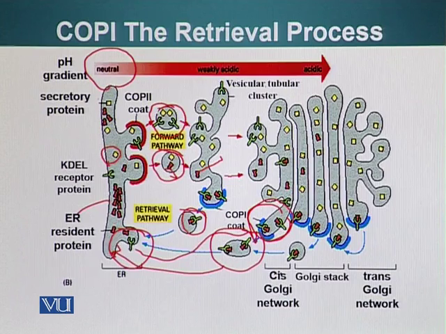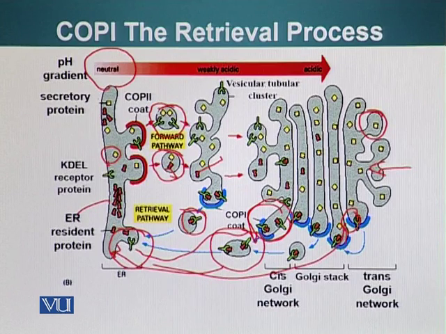As we continue moving from the cis-Golgi network to the trans-Golgi network, the concentration of the yellow squares keeps on increasing and the red proteins keep on decreasing. Especially in the trans-Golgi network, it's pretty much all Golgi proteins or proteins that have to be secreted. All the ER proteins have been collected and returned to the ER through different subsequent steps.